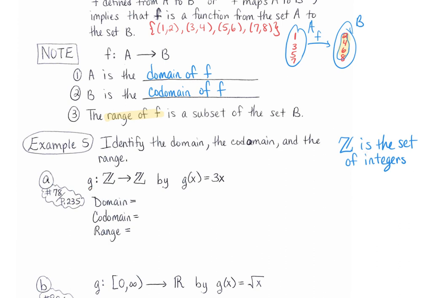So G maps the set of integers to the set of integers, and I'm defining G by G of X goes to 3 times X. So what would be the domain here?